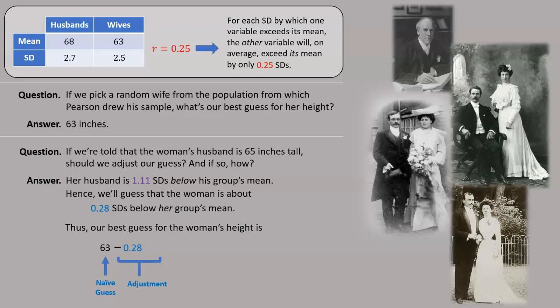And among the wives, each standard deviation is 2.5 inches. Run that through your calculator, and you'll find that our best guess for the woman's height is 62.3 inches. Thus, the extra information about her husband's height led us to adjust our guess from 63 inches down to 62.3 inches. I haven't drawn a scatter plot, but in your mind you can imagine that among the 65-inch men, the average height of their wives is 62.3 inches, though of course there would be plenty of variation around this value.